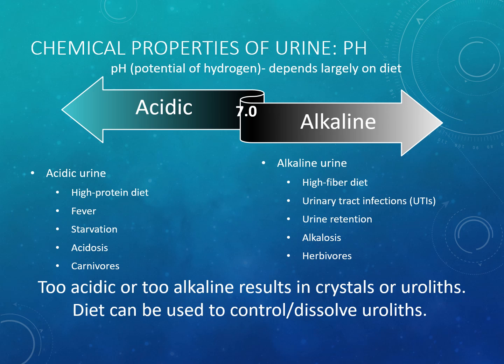So some crystals or stones form in acidic urine and some form in alkaline urine, depending on what they are made of. Special veterinary prescribed diets can be used to control or dissolve uroliths by either making them more soluble or taking out some of the elements or minerals that are comprising the uroliths, basically putting a restriction on the intake and the amount of those, like calcium oxalate.